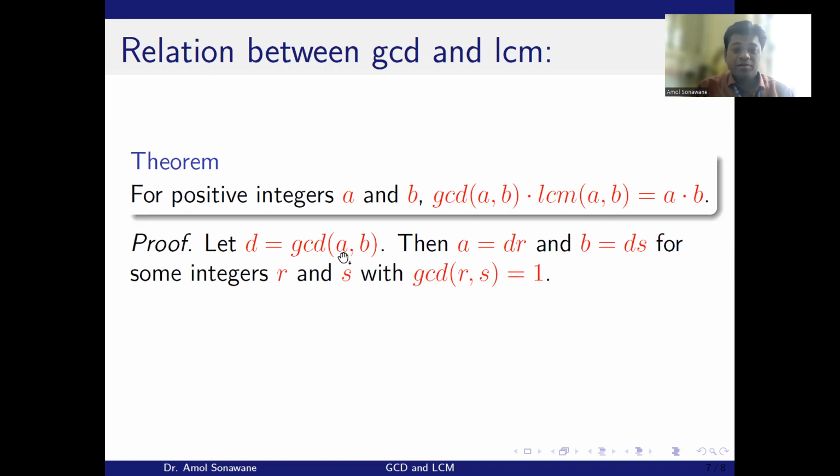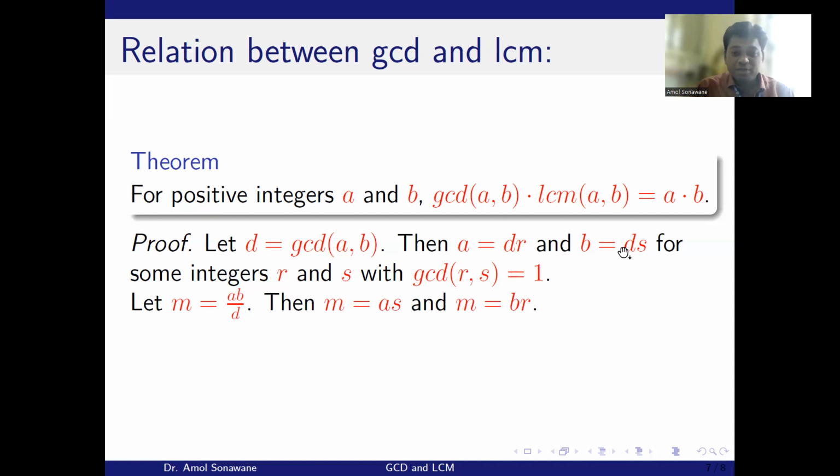Then we can write a as d into r and b as d into s for some integers r and s with GCD of r and s equal to 1, since d is the greatest common divisor of a and b. Let m be equal to ab by d. Then we can write m as a into s.